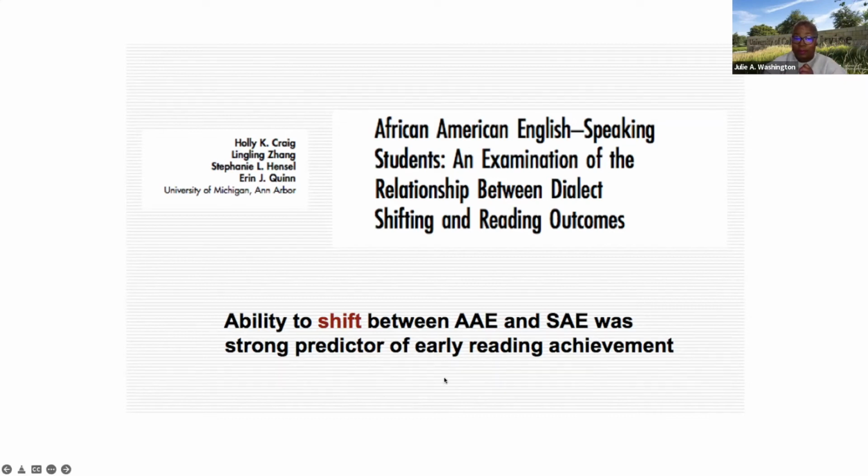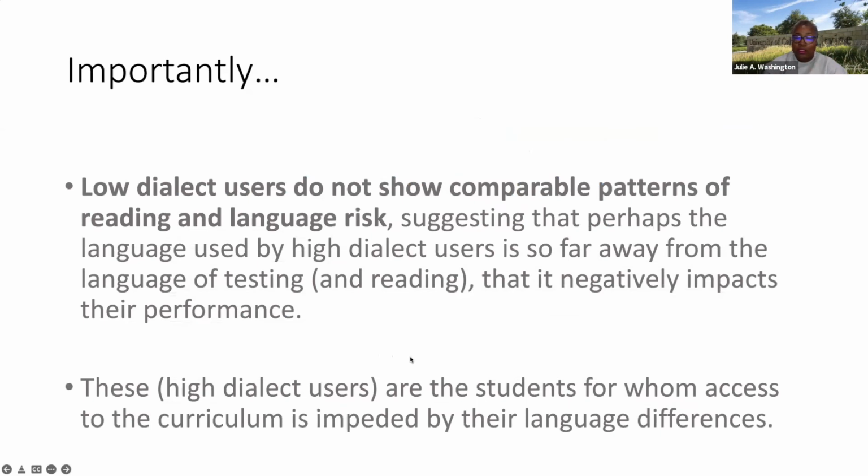these studies were written. So importantly, low dialect users do not show comparable patterns of reading and language risk. It's high dialect speakers who are having difficulty. Our high dialect users, we think, are so far away from the language of testing and reading that it negatively impacts their performance. And remember, this is within language variation.